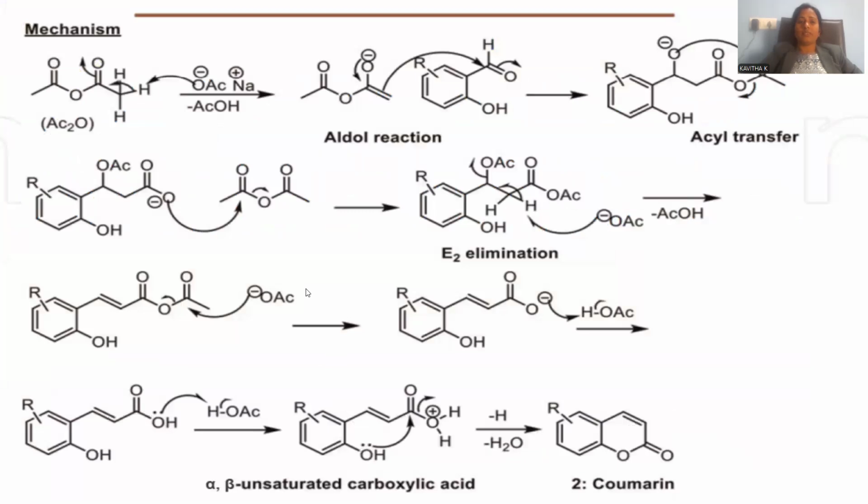In order to understand this reaction, let me go through the detailed mechanism for this Perkin reaction. Acetic anhydride is initially an active methylene group containing species.